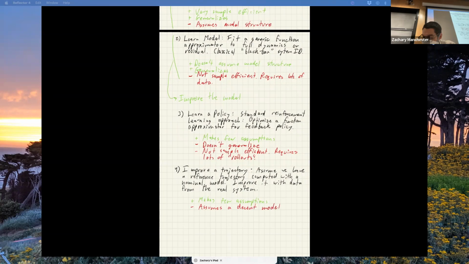So not model free. Similarly to the learn-a-policy approaches, it does not generalize. It's like one task, one system kind of stuff. The major difference between this and classic policy gradient methods is that this is really sample efficient.